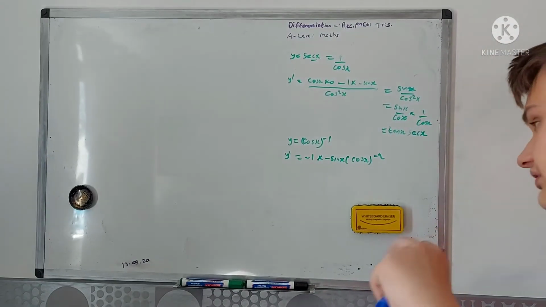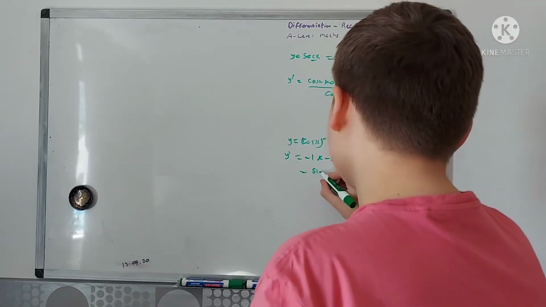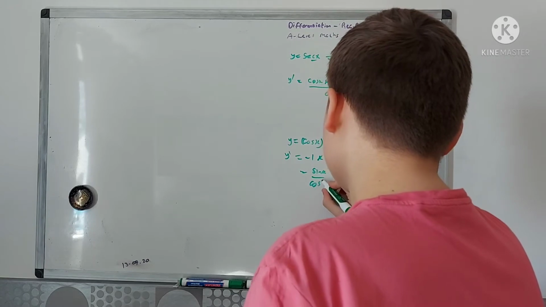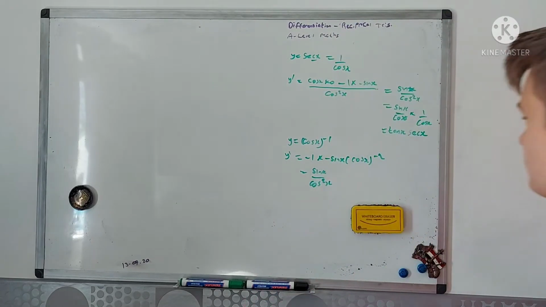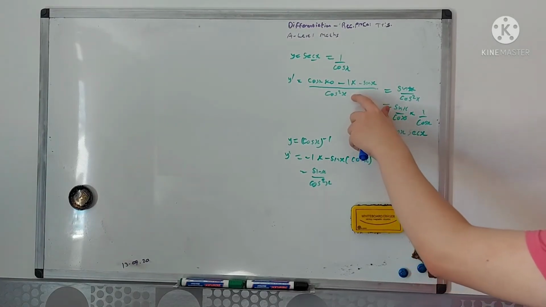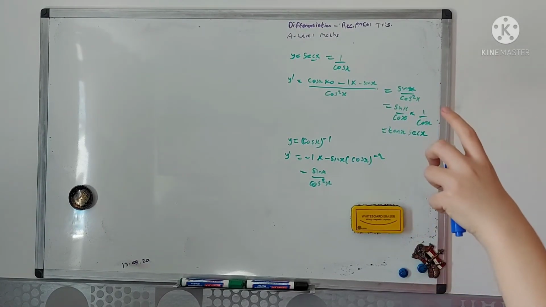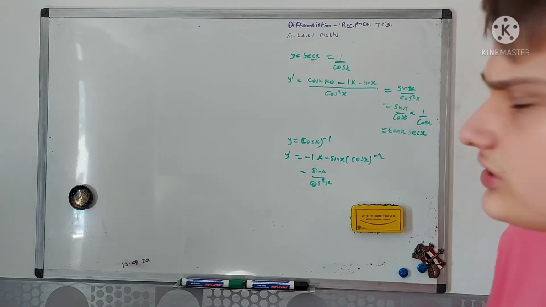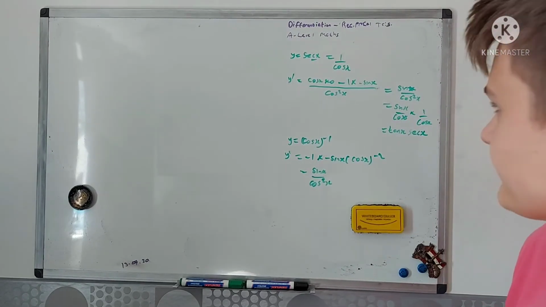And then I can rearrange. So I just get sine x over cos squared x. And of course, making sure you put the 2 there and not there, because it looks like cosine of x squared without your brackets, because mathematicians are lazy. That's how we do sec x.